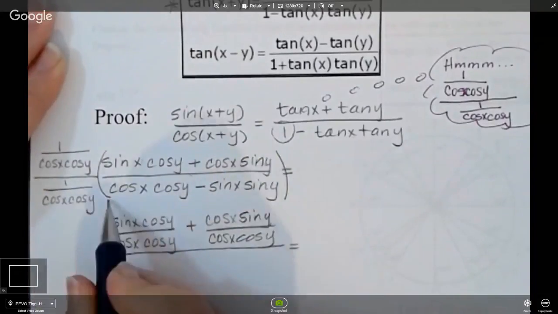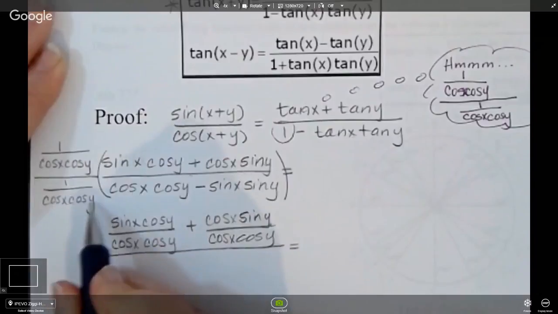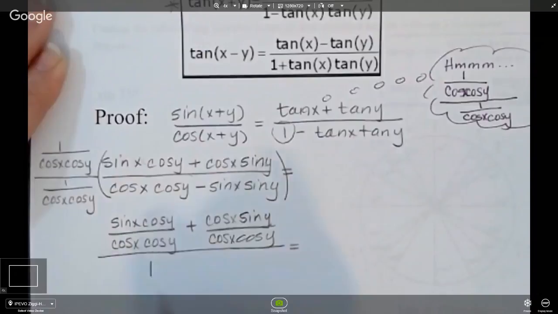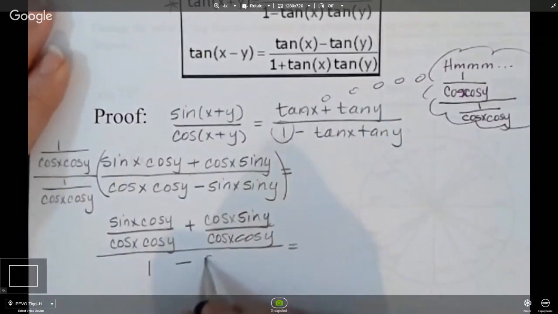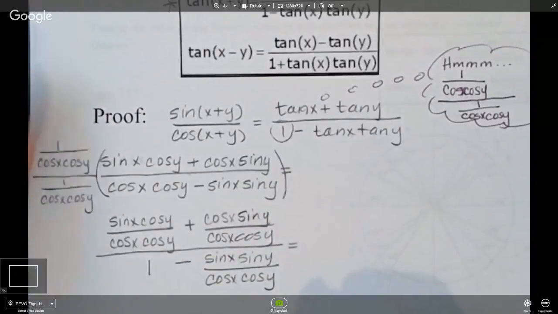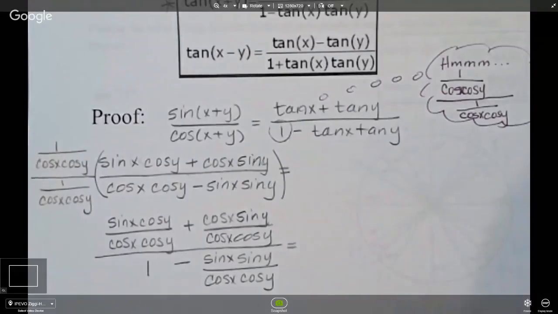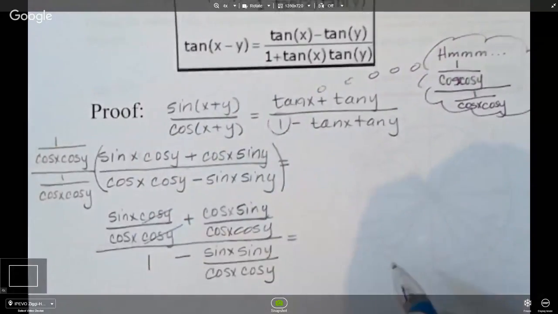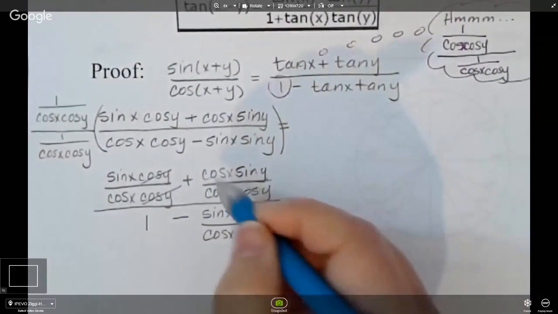All right, so on the bottom here, I'm going to multiply this in, and I'm going to get cosine x, cosine y over the same thing, which is my glorious 1, which I need right here, which makes me very happy, minus the sine x, sine y, over cosine x, cosine y. All right, and now I'm going to look at my expression and see what we can do. Well, let's see, I have sine x over cosine x, cosine y over cosine y, and cancel those. That's nice. And now I have cosine x over cosine x on this term.